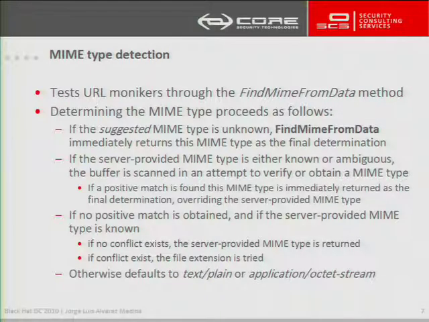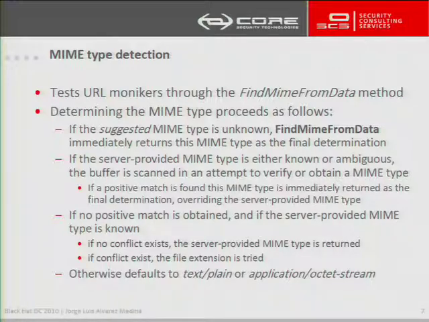So the algorithm will keep trying to determine the actual file type by trying the extension of the file. And if there is no coincidence after matching the extension with the extensions that Internet Explorer has set in the Windows registry, the content type will default to text.